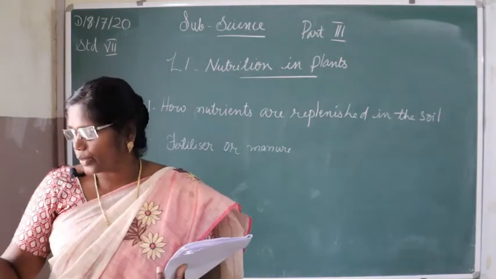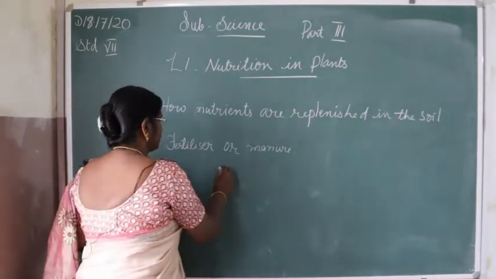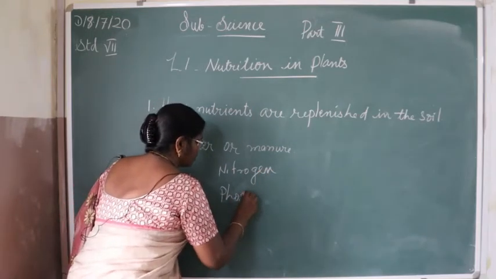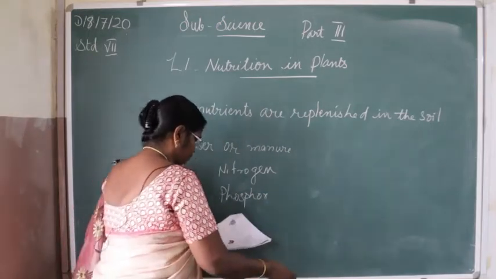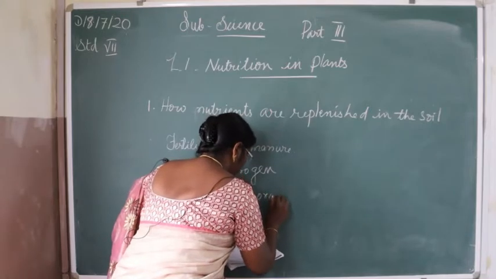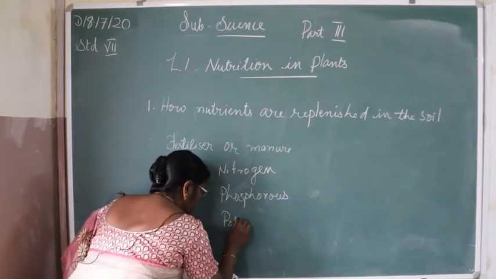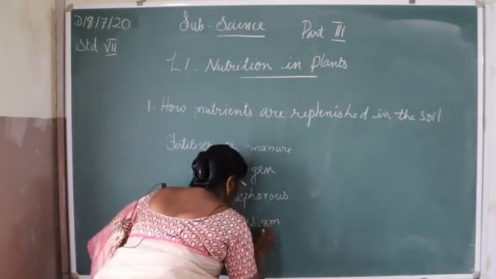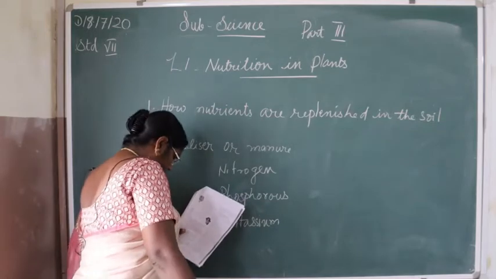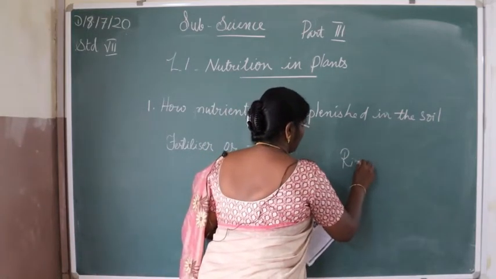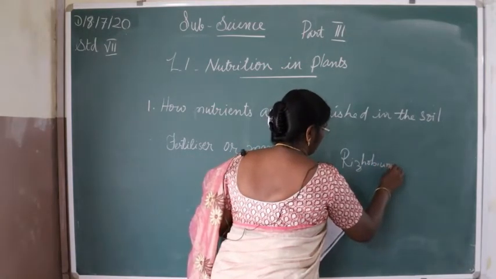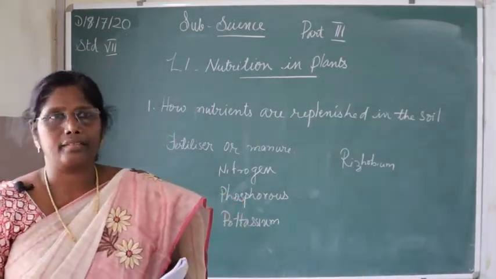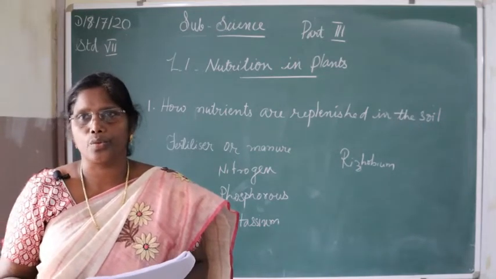A bacteria called rhizobium can convert gaseous nitrogen into the soluble form.